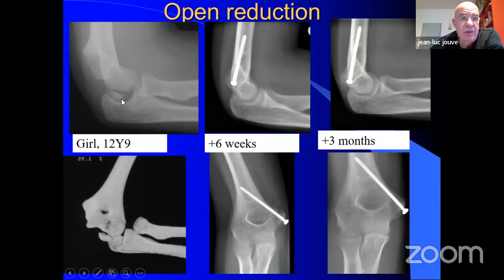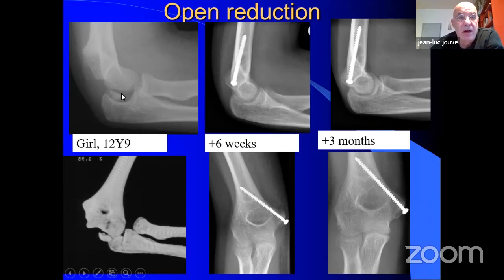Another example, there was a dislocation, the reduction was performed, and after reduction, you see that the medial epicondyle is incarcerated in the joint. You can see that on this 3D CT scan.